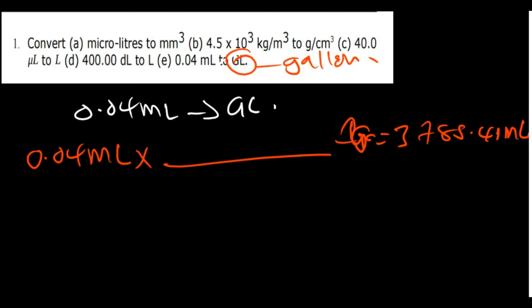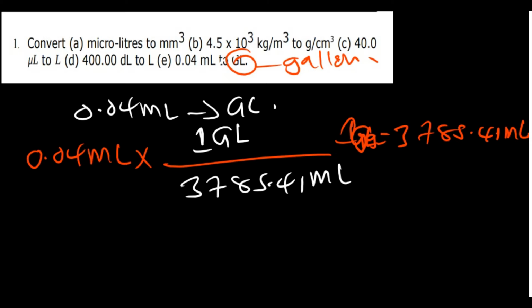So we put GL on top, since in 1 GL, which is gallon, we ask how many milliliters do we have? We have 3,785.41. So these two are going to cancel.